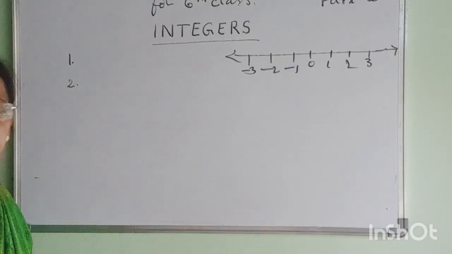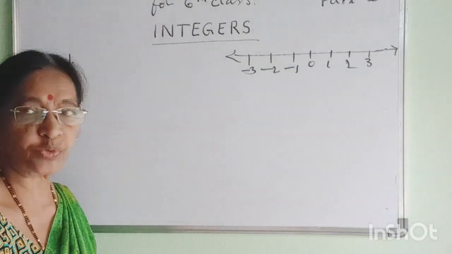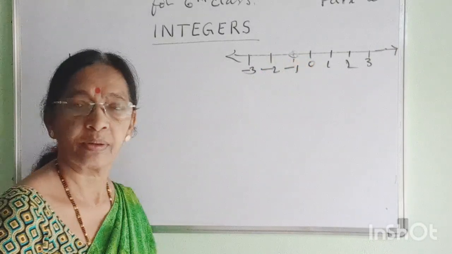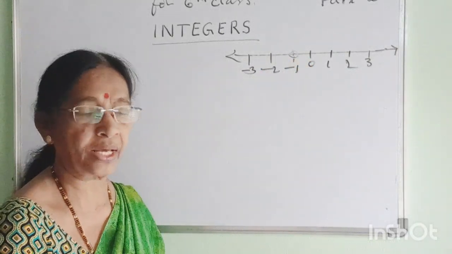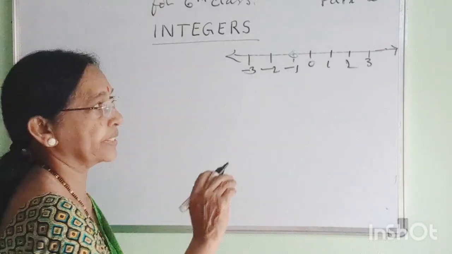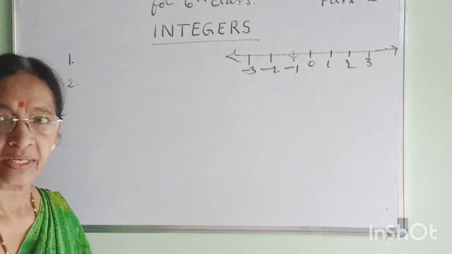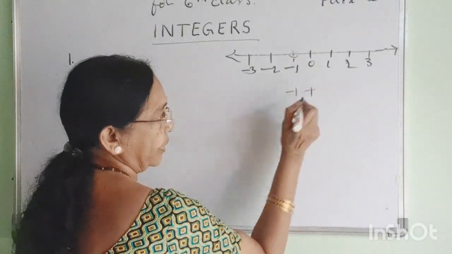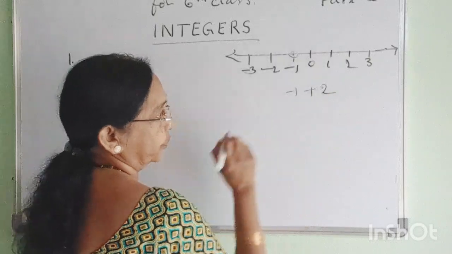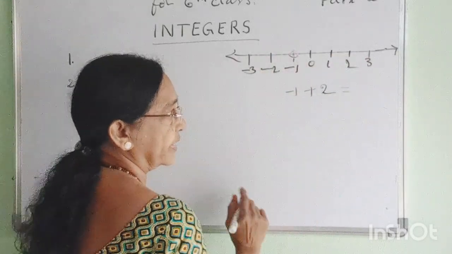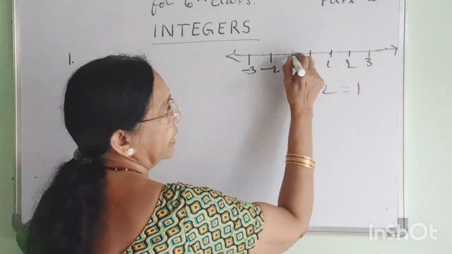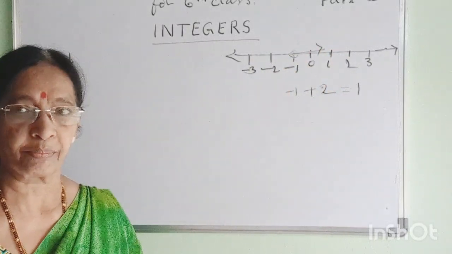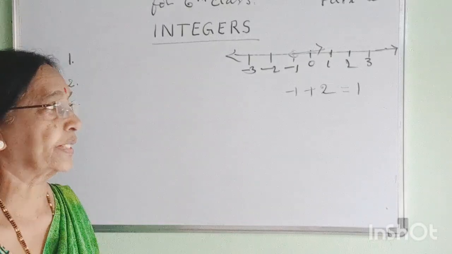Next point, if we add a positive number to any number on the number line, the result is on the right of the number. Suppose we add a positive number, 2, to minus 1, then the result is 1 and it is on the right side. If we add any positive number to any number on the number line, the result will be on the right hand side.